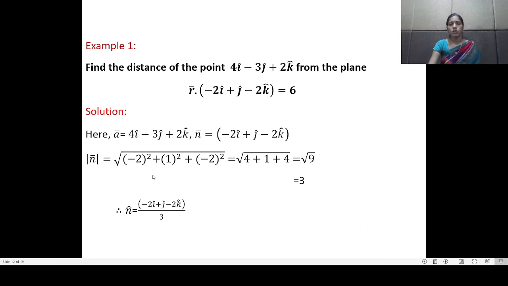Now using this magnitude we find n cap, the unit vector along the normal of the plane, equal to n bar divided by magnitude of n bar. So n bar is minus 2i cap plus j cap minus 2k cap, divided by 3.